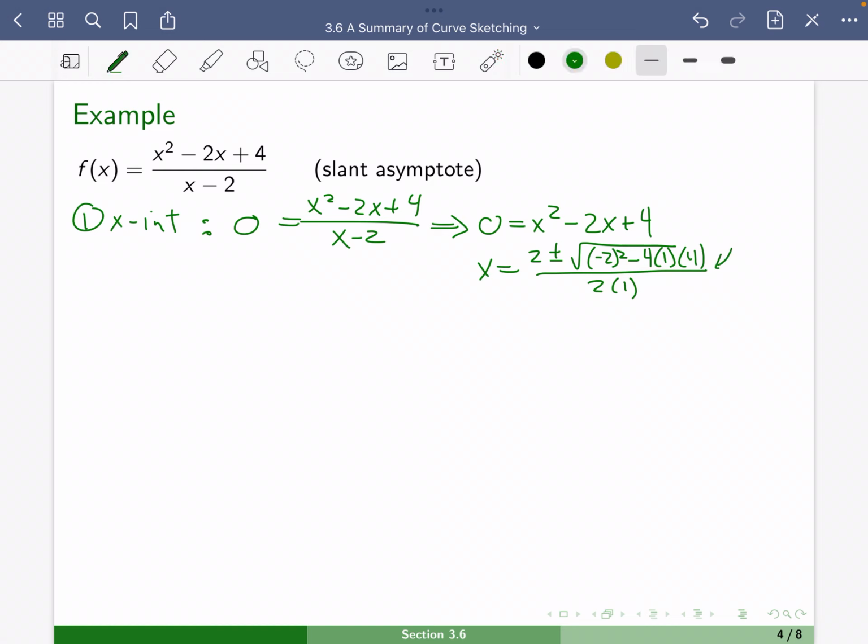Because that is a negative, we will have no real solutions. Right? So there is no real solution, and so there's no x-intercept.